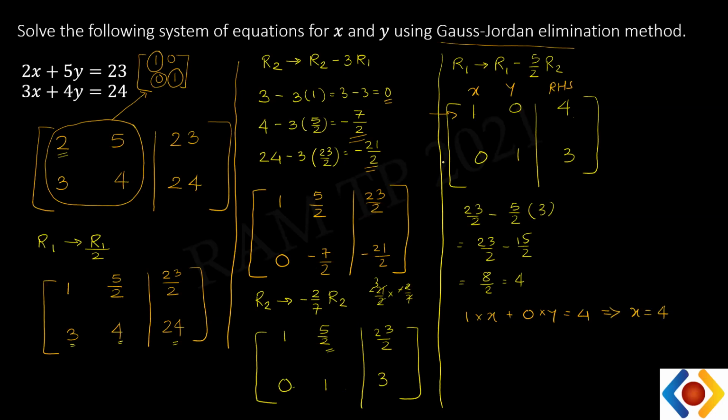The second row is telling me 0 time X plus 1 time Y is equal to 3, which is simply nothing but Y is equal to 3. Once you understand this, you can easily see you have a 1 here, so this is X is equal to 4. You have a 1 here, this is Y is equal to 3.